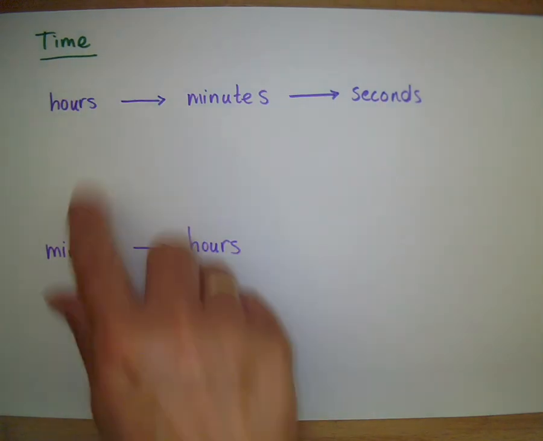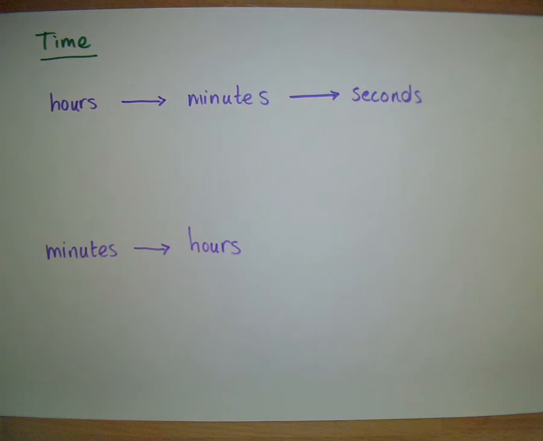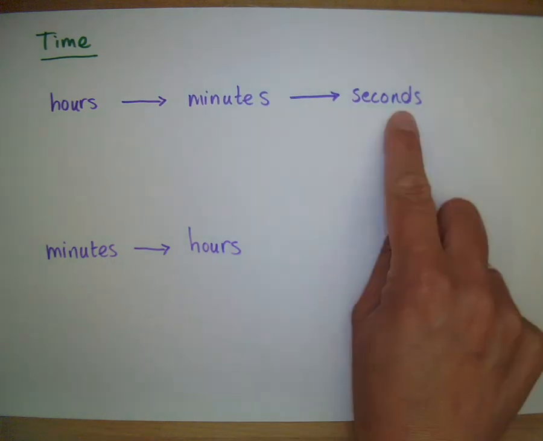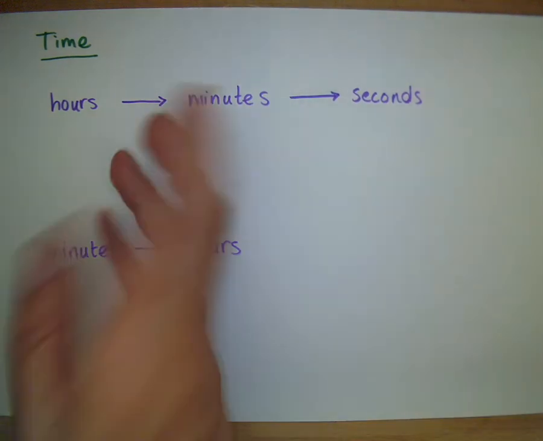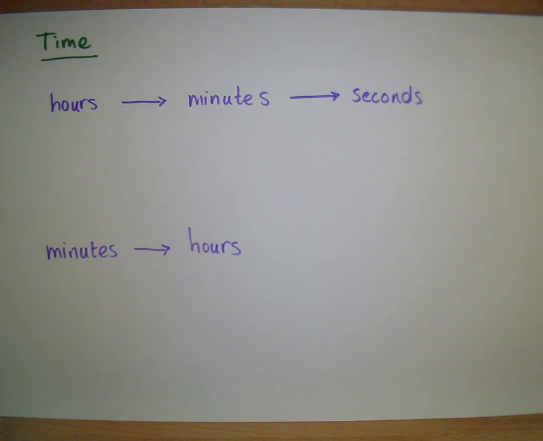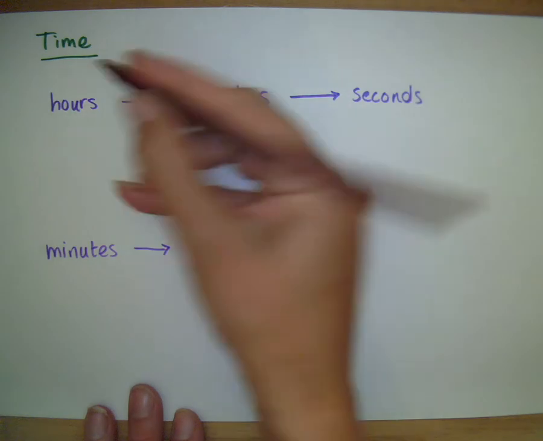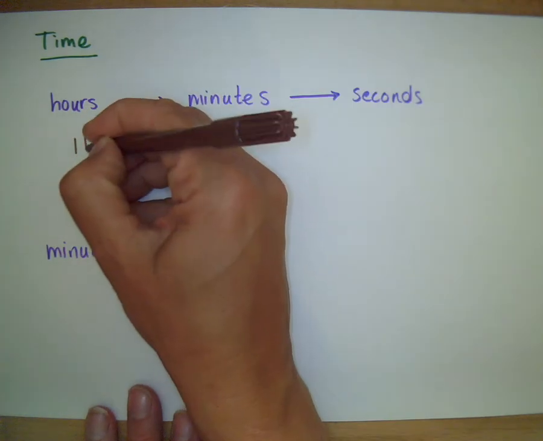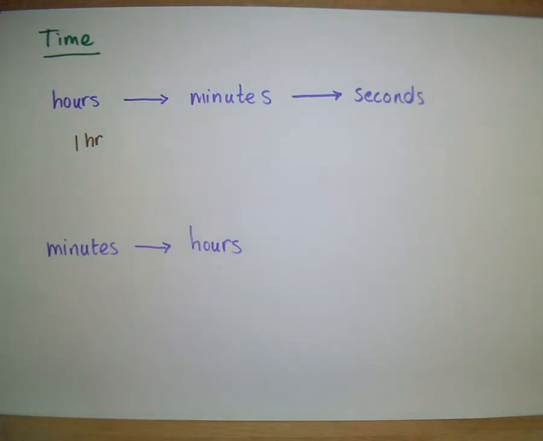change hours into minutes and even minutes into seconds, and backwards. For example, the super easy one is, let's change 1 hour into minutes. So we have 1 hour, and someone says, I don't want to know how many hours, I want to know how many minutes.